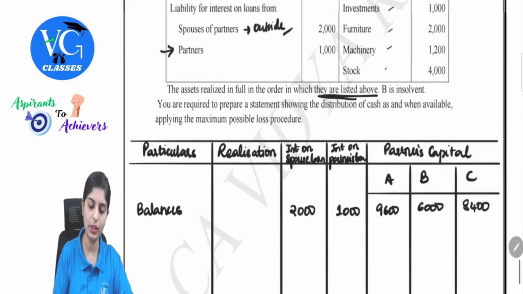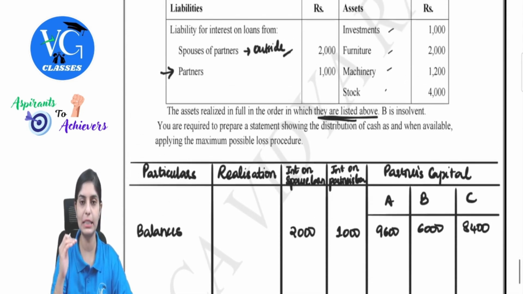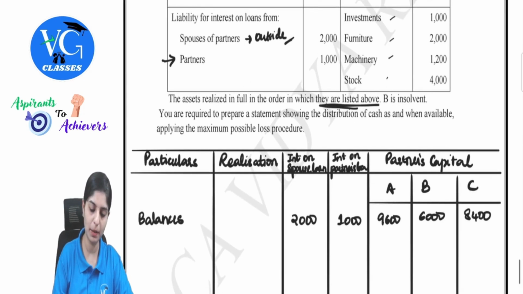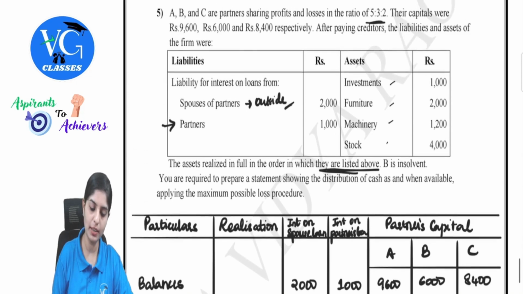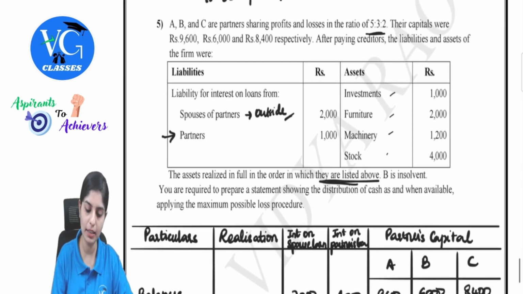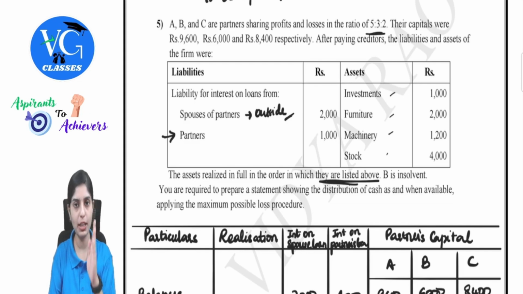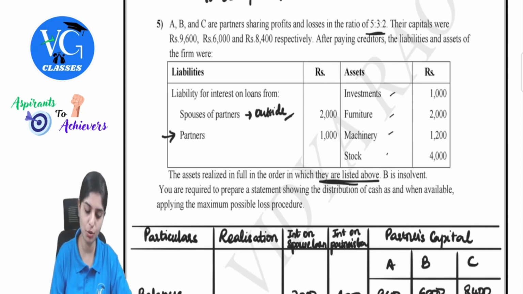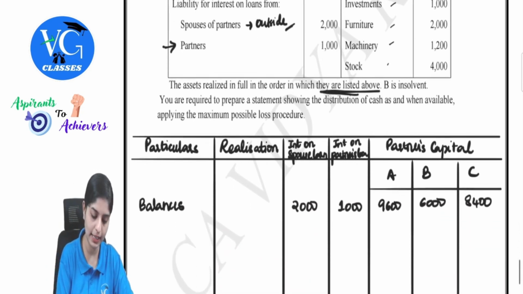First, we will start with realizations. The order is as placed in the balance sheet. First one is investments. In the question, have they given any details of realization expense? Always the first priority, the order will remain the same. If there was realization expense it would come first; in this case no expenses are mentioned, so we will directly move to outside liability.